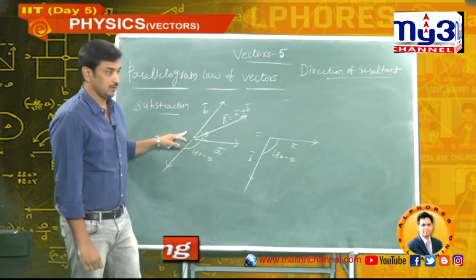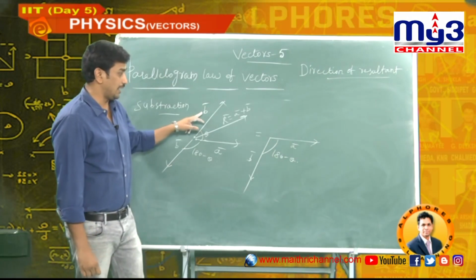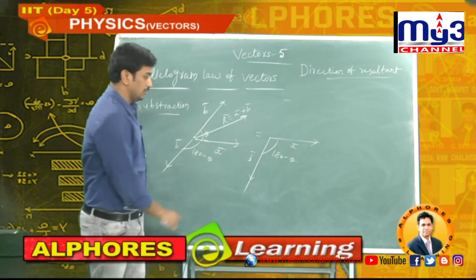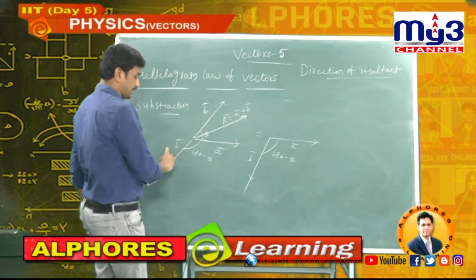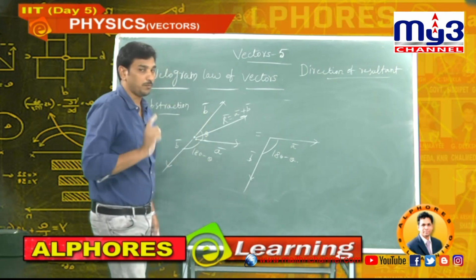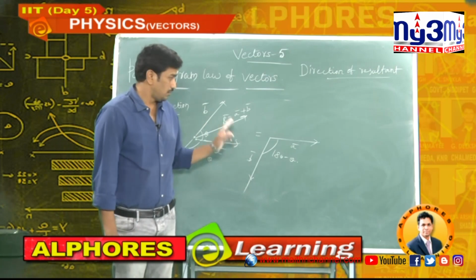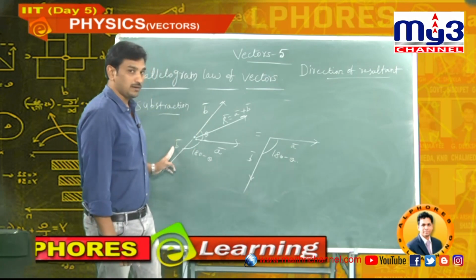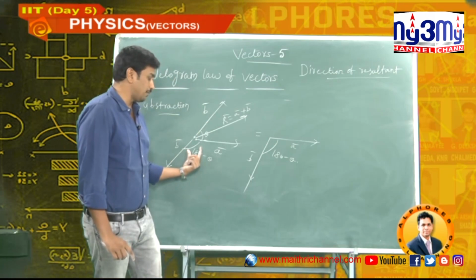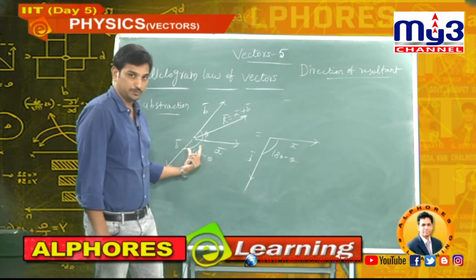Previously I had B bar, this one. Now it turned back. So the negative vector is minus B bar. Here is one simple point you should remember: if you are writing minus B bar, don't show it as theta. The angle between A bar and minus B bar is not theta.